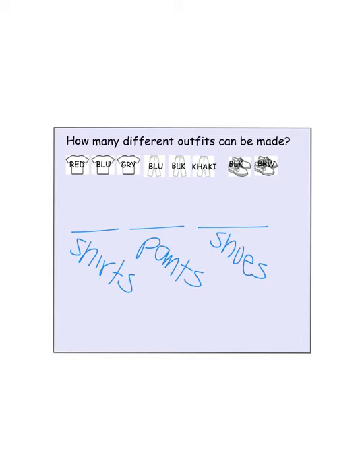Okay, well, how many choices do we have for shirts? How many choices for pants? And how many choices for shoes? That's all it is. 3 times 3 is 9, times 2 is 18 outfits.